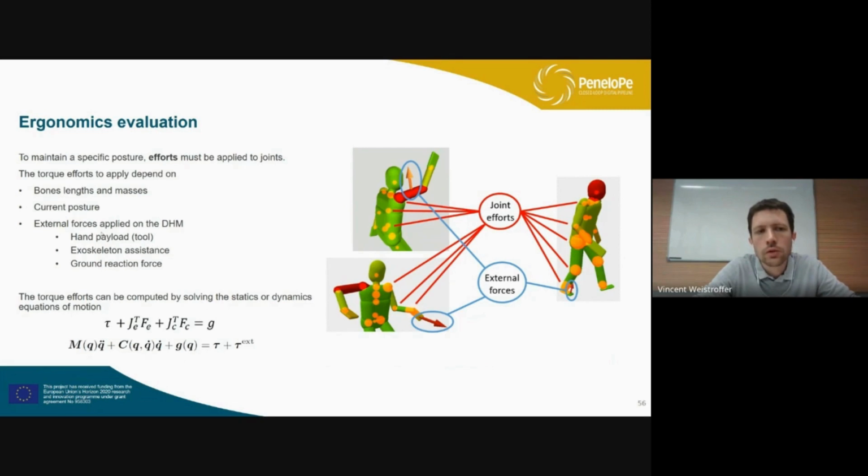These external forces, some example are the ground reaction force that you can see here on the right foot of the digital human model. They can be a hand payload. If you are handling a tool, then it will be more difficult to maintain a certain posture. And these external forces, they can also be represented by an exoskeleton assistance. So on the opposite of the hand payload, the exoskeleton assistance will provide you additional force to maintain a certain posture.